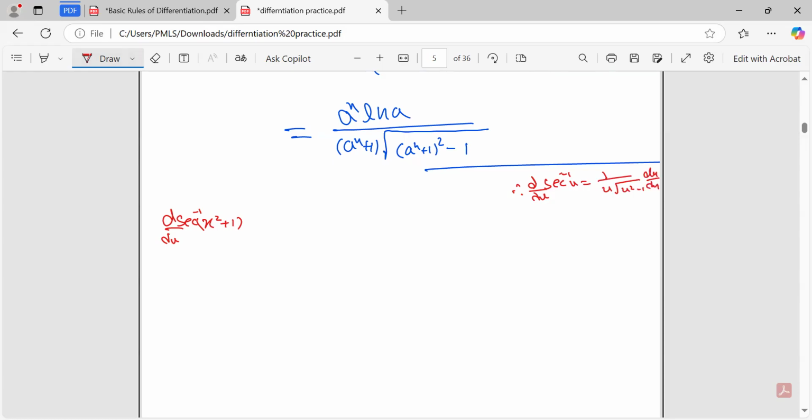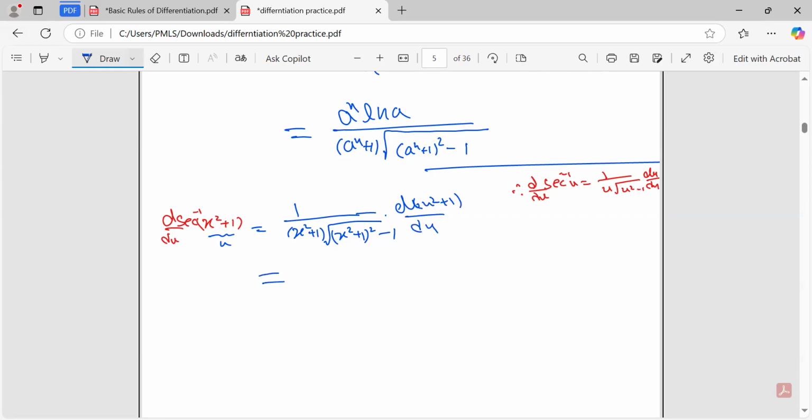For this, u in this case is x square plus 1. So it will be 1 over x square plus 1 times square root of x square plus 1 whole square minus 1, and times du here is the derivative of x square plus 1 over dx.